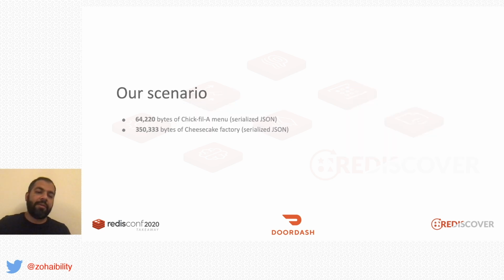So in our scenario, for example, when I said our menus are pretty heavy, just to give you an example, Chick-fil-A's menu is like 64 KB. Cheesecake Factory's JSON serialized menu is 350 KB.